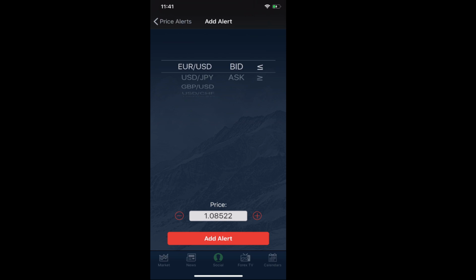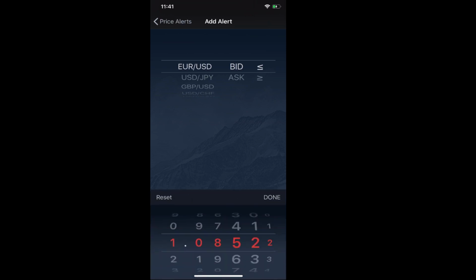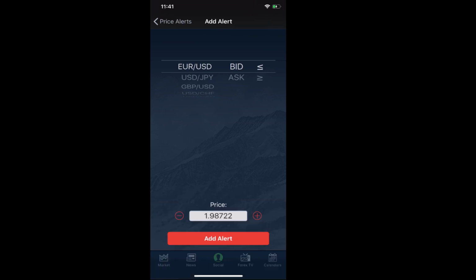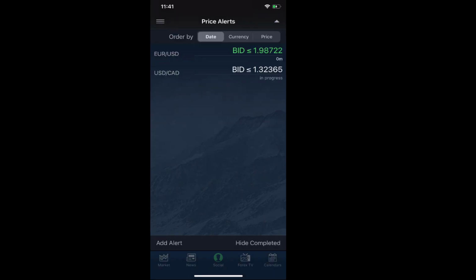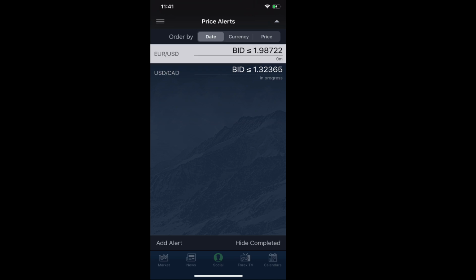And if the price that you want to be alerted on is below the current market price, then you go to the less than or equal to symbol. Then here you select the price that you want to be notified about, press done and then add alert. Then the alert is now there. I'm actually going to delete this alert, because I haven't even learned how to delete alerts, honestly speaking.